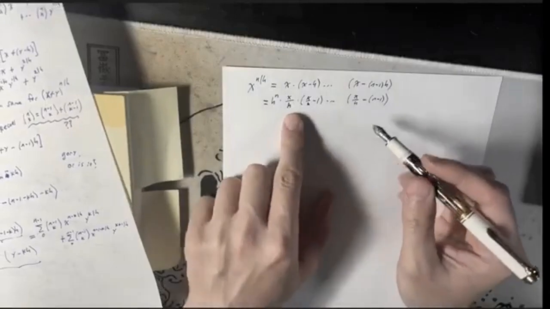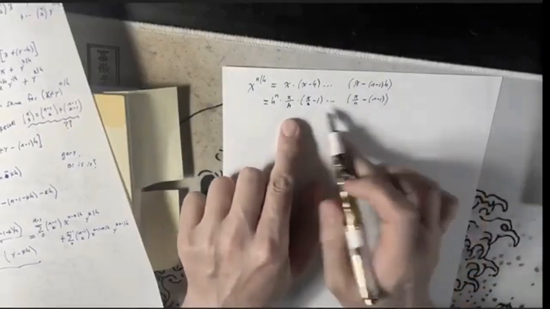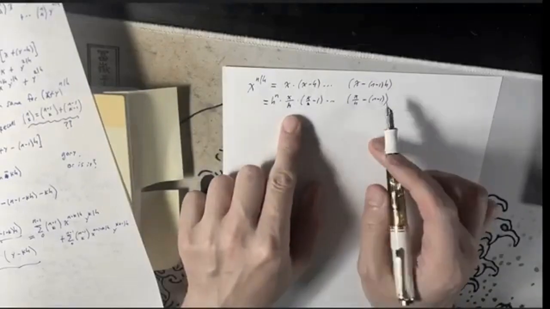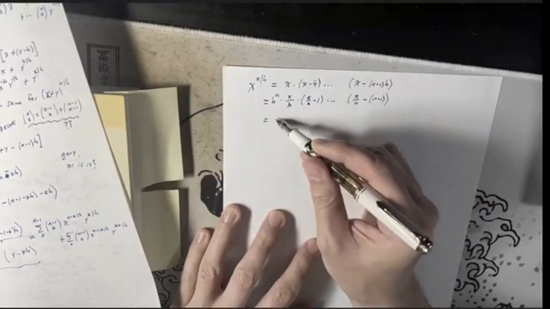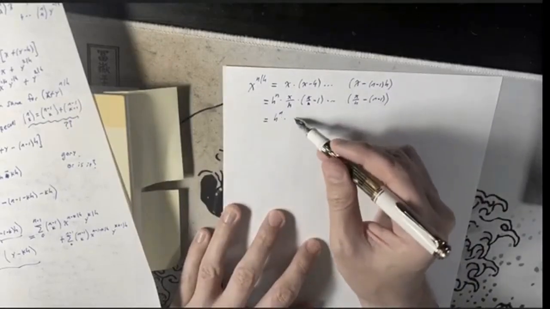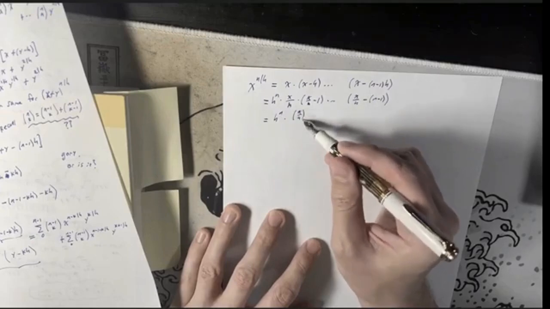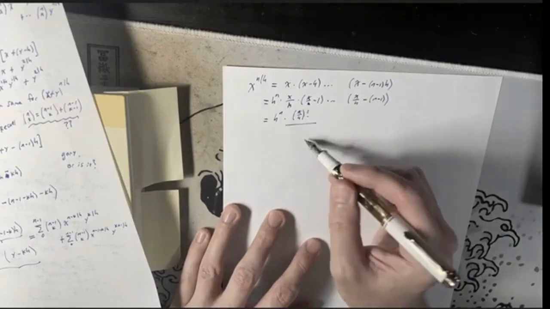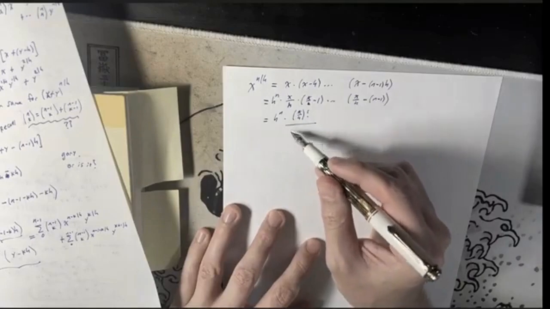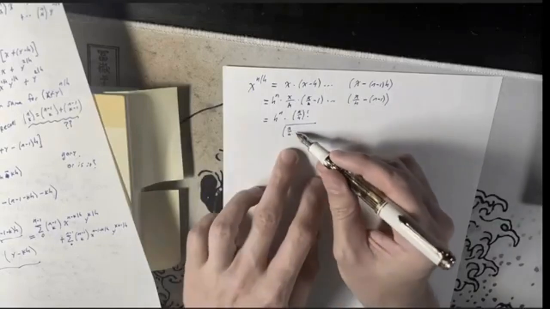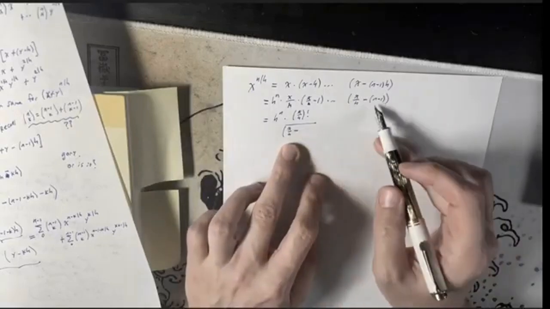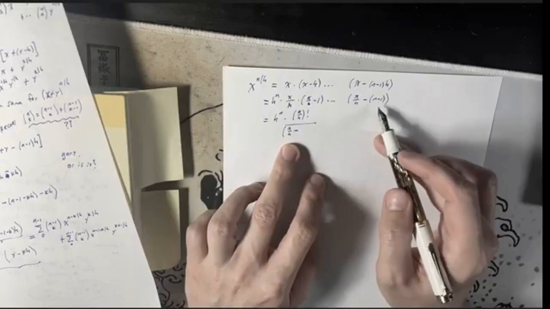But then the reason he probably did that is that now this is just regular old factorial. So this is h to the n times x over h factorial divided by, it looks like x over h minus, it's got to be n, right?